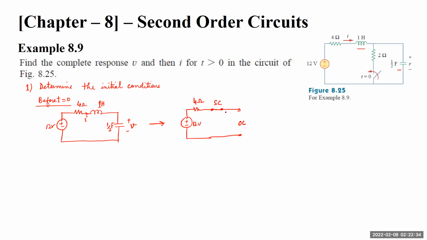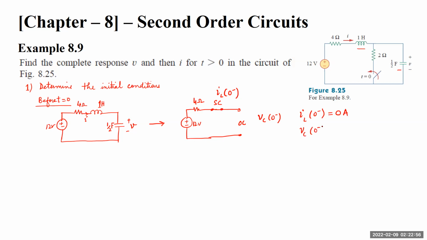So now what are VC of 0 negative and IL of 0 negative? What is the value of current and voltage here? We can easily see that IL of 0 negative is equal to 0 amperes because this is an open circuit, no current is flowing.